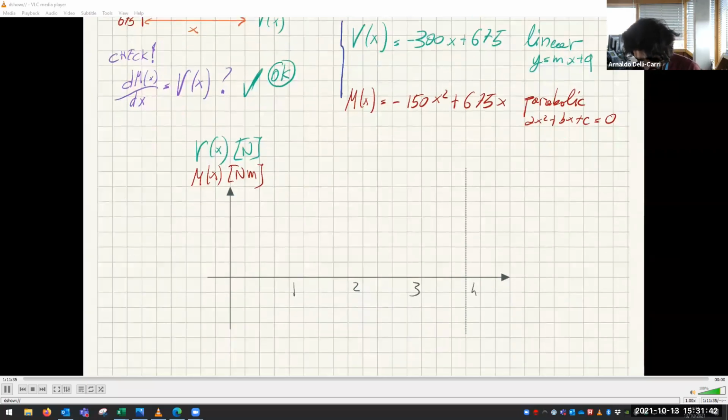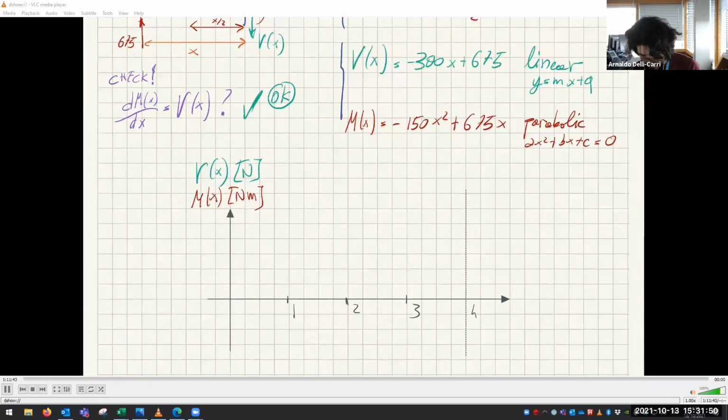Okay. Let me see how we can do this easily. So what I have here is that if this is 0, at 0, the shear force is 675. So let me say that this one here is 675 newtons.